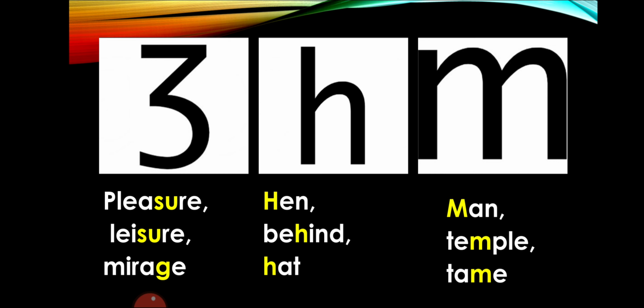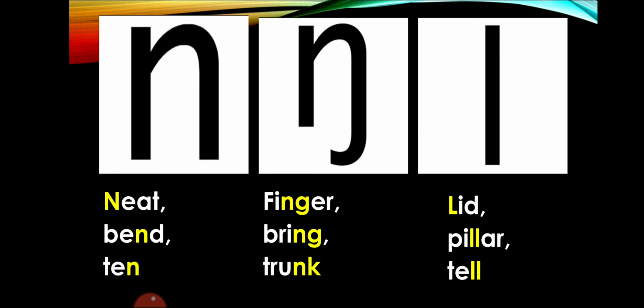Next sound is m, just like man, temple, tame. The next sound is n, just like neat, bend, ten.